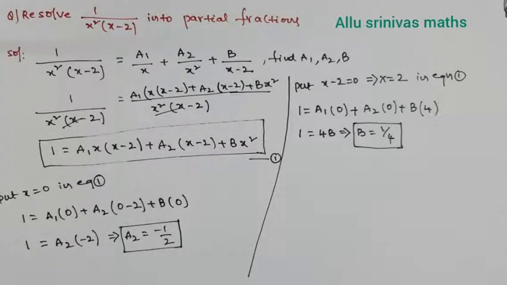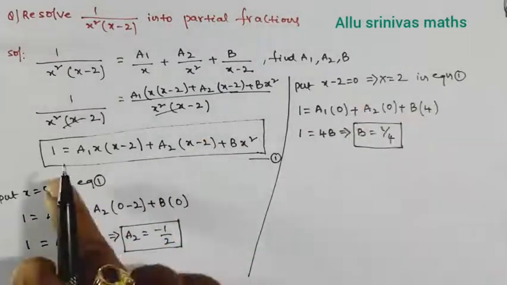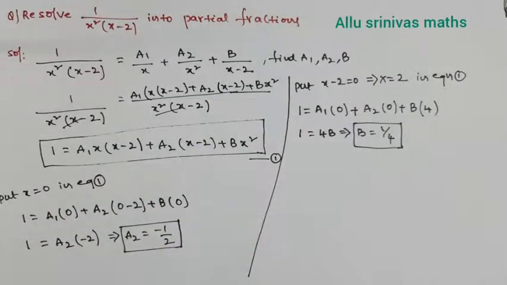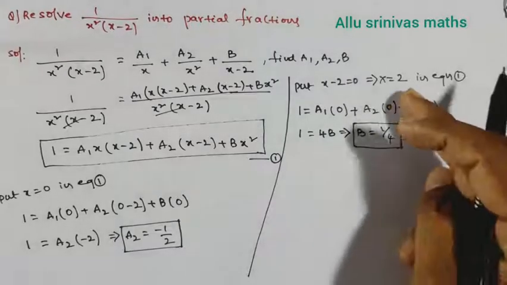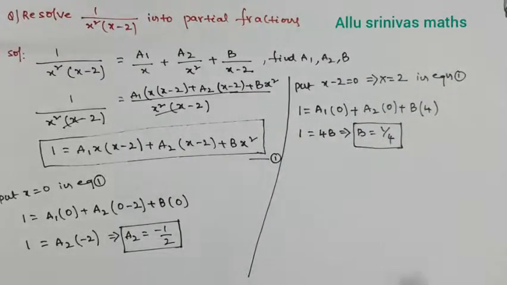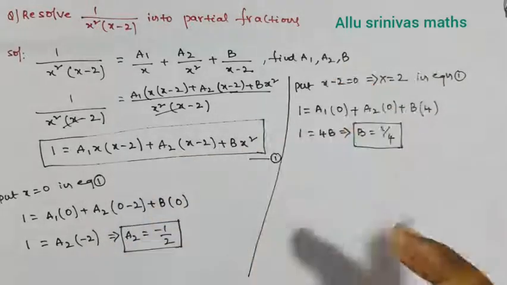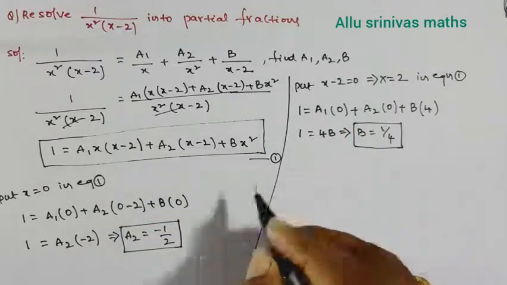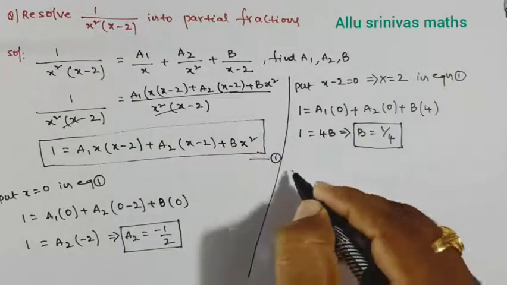Next we have to find another value, that is a1. So let us take any real number except the already taken values. Already taken are plus 1, minus 1, plus 2, minus 2; we take any real number for the third value. For example, we take 1.